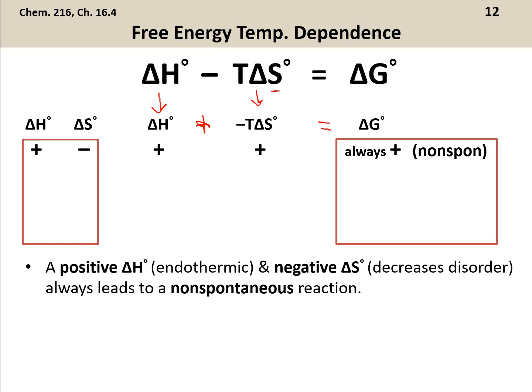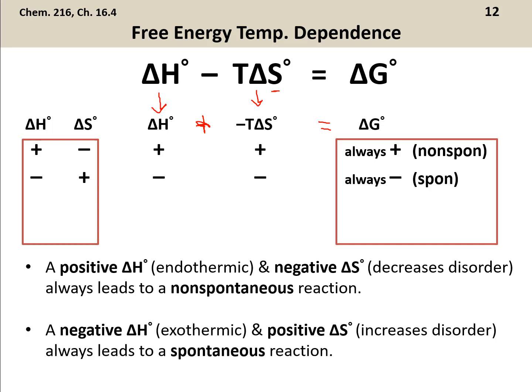All right, let's say we have a different type of reaction. Let's say we have a reaction that is negative delta H. That means it's exothermic, but it has a positive delta S. Okay? Well, my delta H will be negative, and my delta S, that being positive, means that this negative T delta S term is going to be negative.